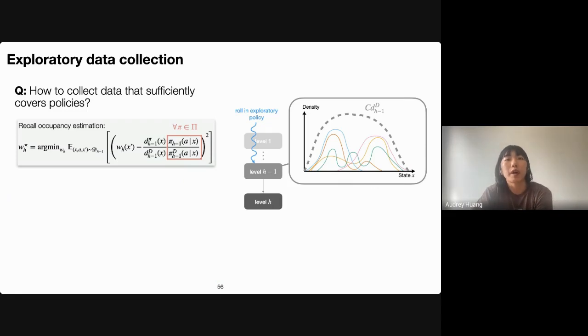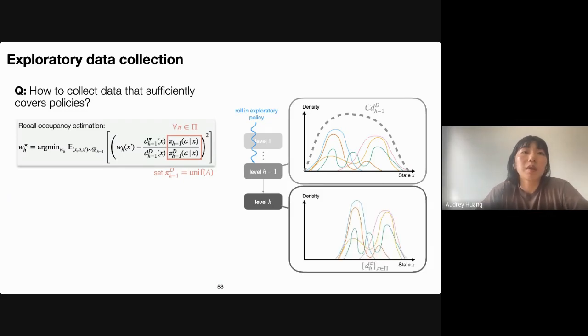The other ratio we need to be bounded is this policy ratio between pi and the behavior policy pi_d, which we also need to hold for all pi. And it's straightforward to just set this behavior policy to take uniform actions to satisfy the coverage requirement. And so in the graph on the right, I'm now showing all the occupancies pushed to level h.